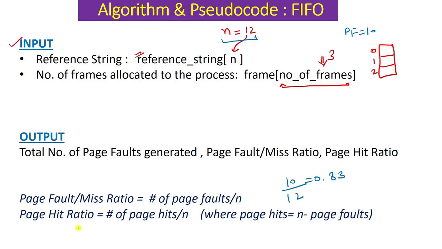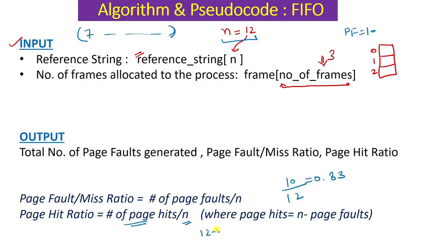And the page hit ratio is the total number of page hits divided by the total length of the reference string. In our reference string of 12 pages, 10 times there was a page fault. So how many times will there be page hits? It will be 2 times.